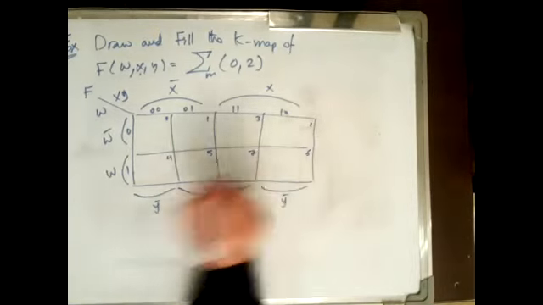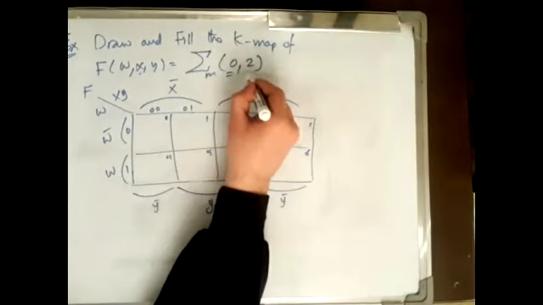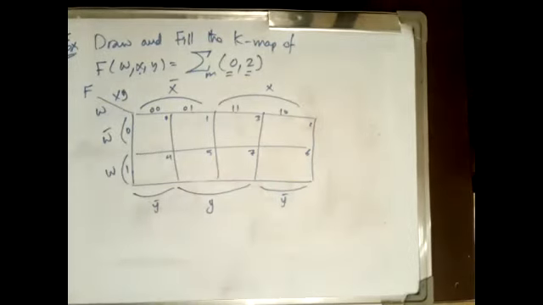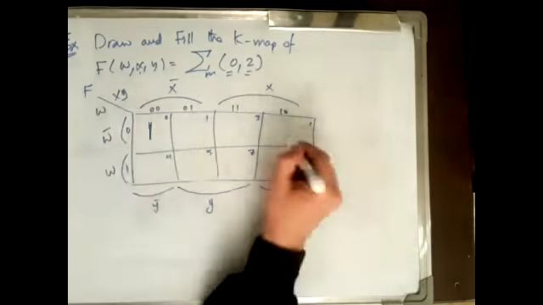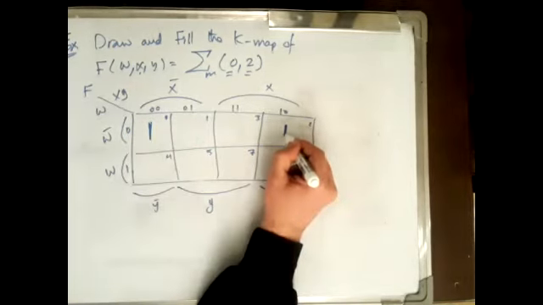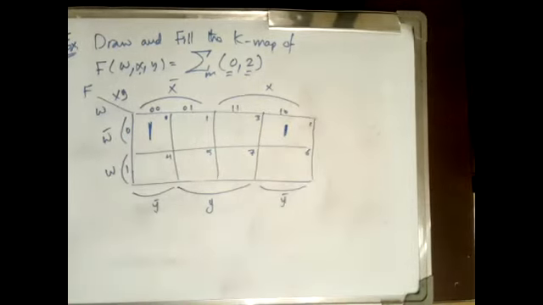So we have two minterms for this function, and these minterms are 0 and 2. So this is the map, draw and fill the map.